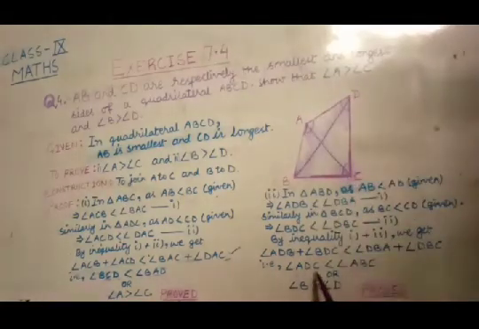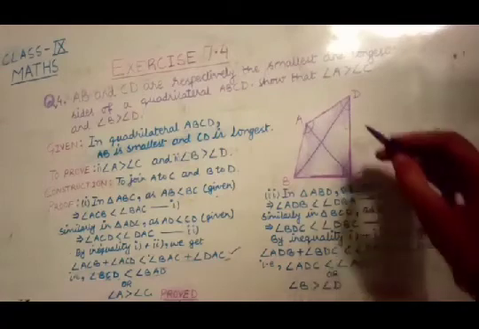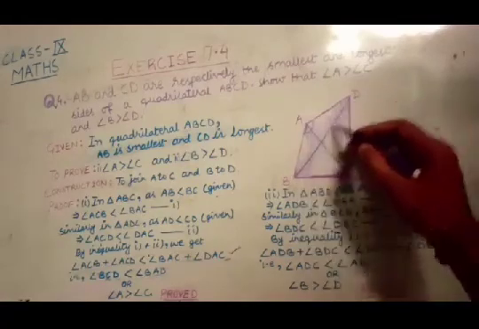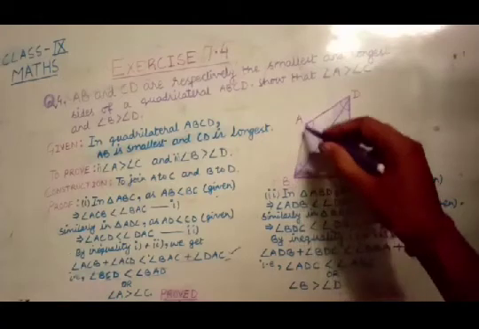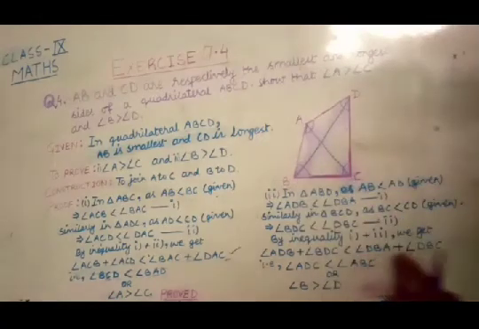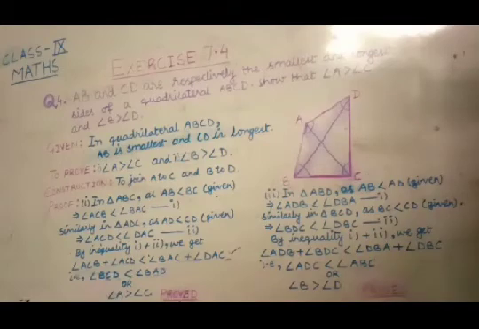So this sum we could replace by ADC, and angle DBA plus angle DBC, their sum completes the angle ABC. So we could replace this by angle ABC. Hence this inequality becomes angle ADC is less than the angle ABC. Or we could state that angle at B is greater than the angle at D. That's proved.